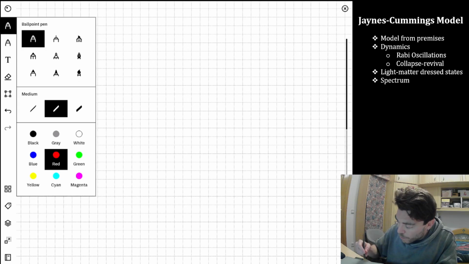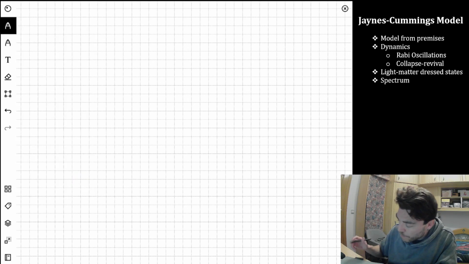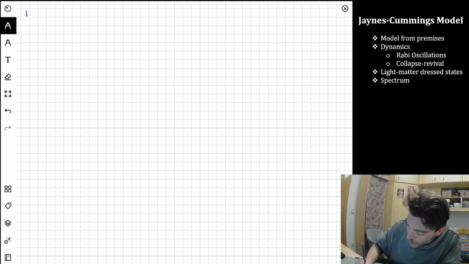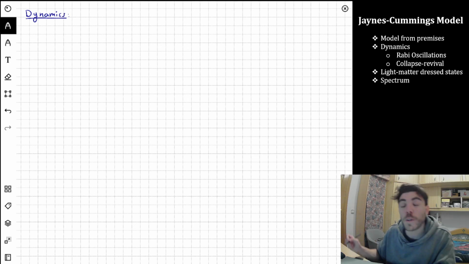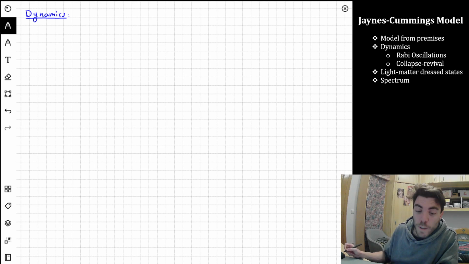Okay, so for now let's look at the dynamics of this system. For the dynamics, we will make a lot of use of the fact that we already solved the semi-classical problem, because the equations are going to be equivalent, so we won't actually need to solve them explicitly.